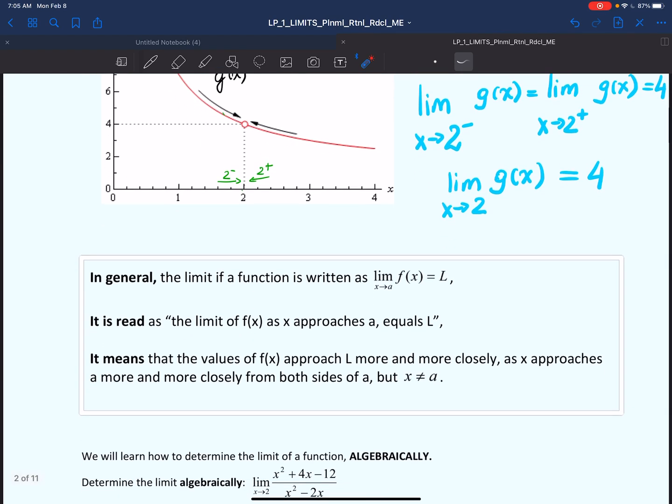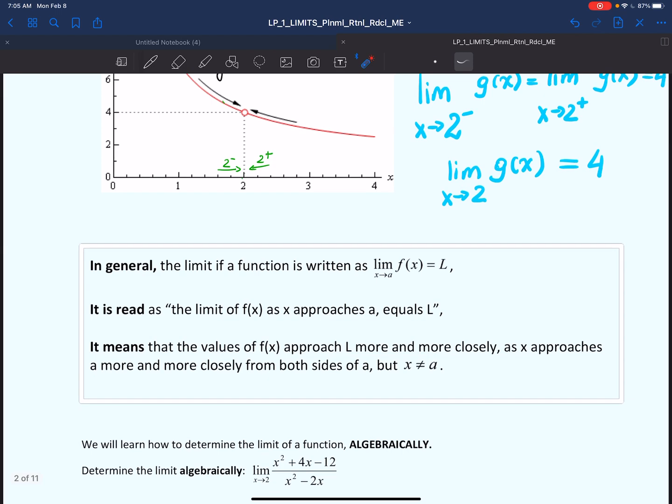So in general, the limit of a function is written in this format. L represents the value of the limit, and that's the way we read it: the limit of f(x) as x approaches a. And we say approaches a because most of the time evaluating the limit of a function is an estimation process.